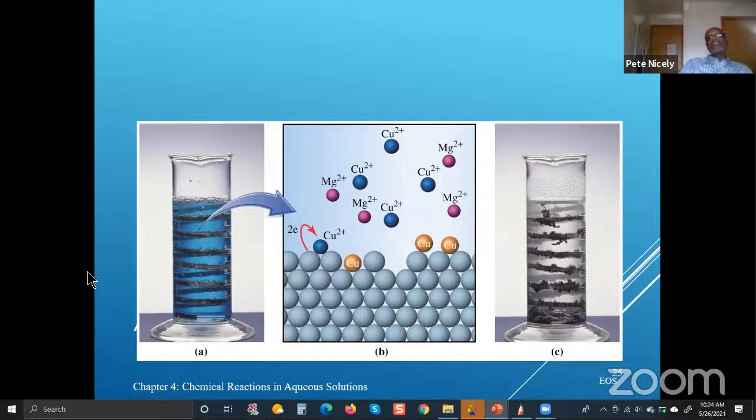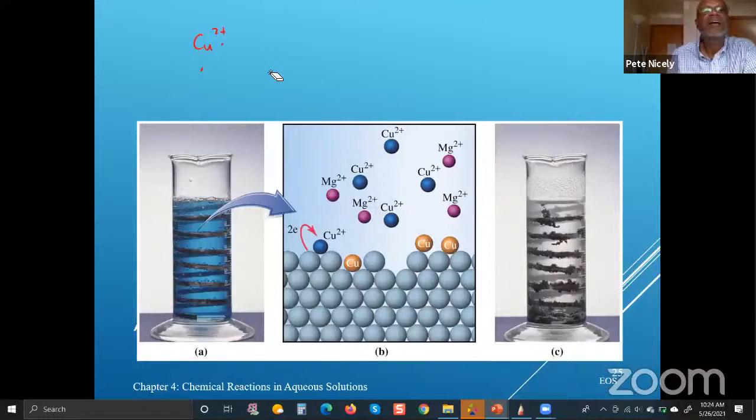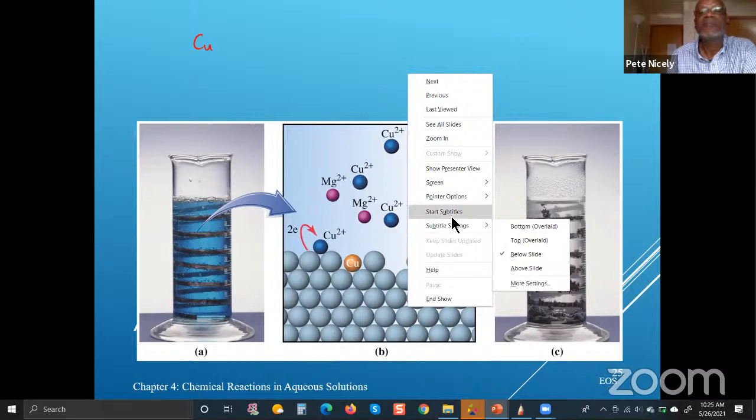So two things you'll be observing: the blue color will clear up, and a deposit will be formed on the magnesium that is left behind. How do we explain this? Well, what is happening is the following reaction. Let me write it up here. Let me get my eraser and erase this, and then get back to my pen.